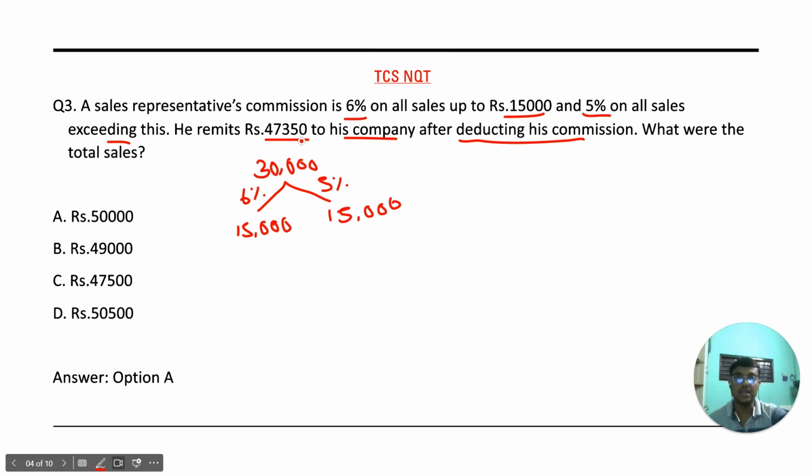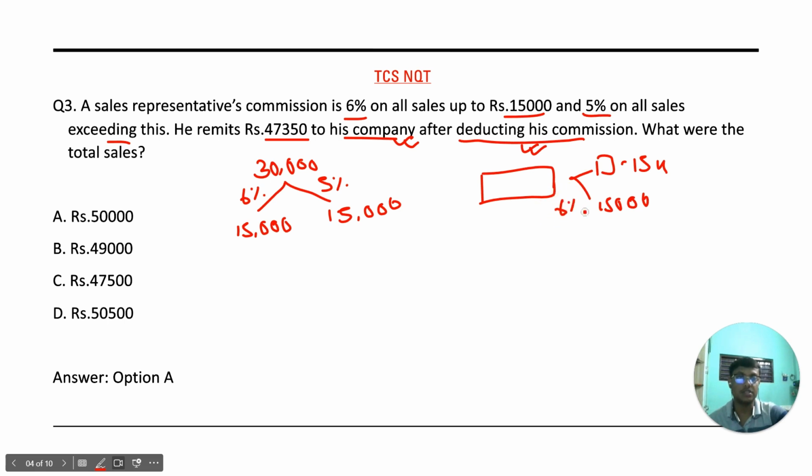After this, it is said that he delivers 47,350 to his company after deducting his commission. Let's say he has some amount in sales. Now he divides it into slabs, one of 15,000 and the other of total amount minus 15,000.